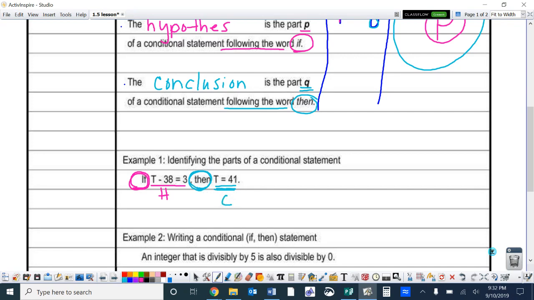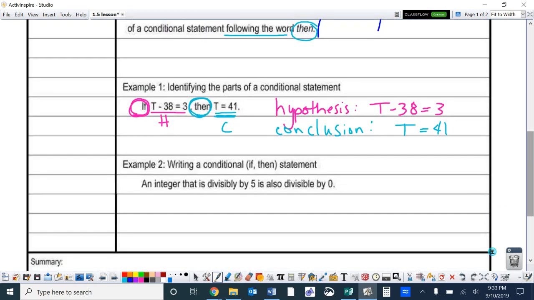Let's write that out. So my hypothesis is t minus 38 equals 3. My conclusion is t equals 41. Great.